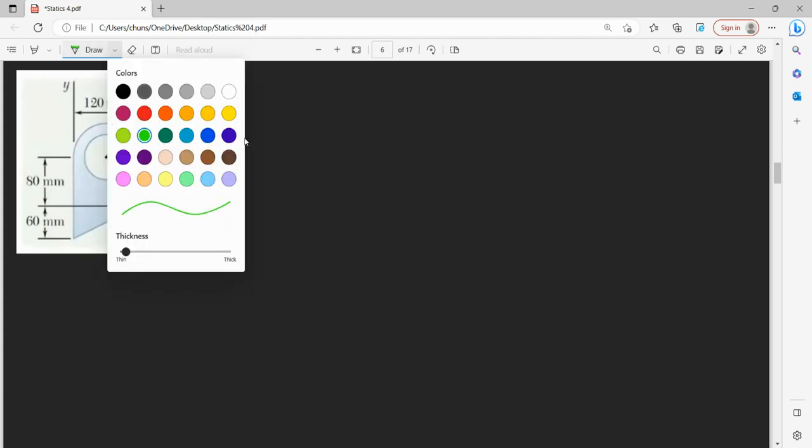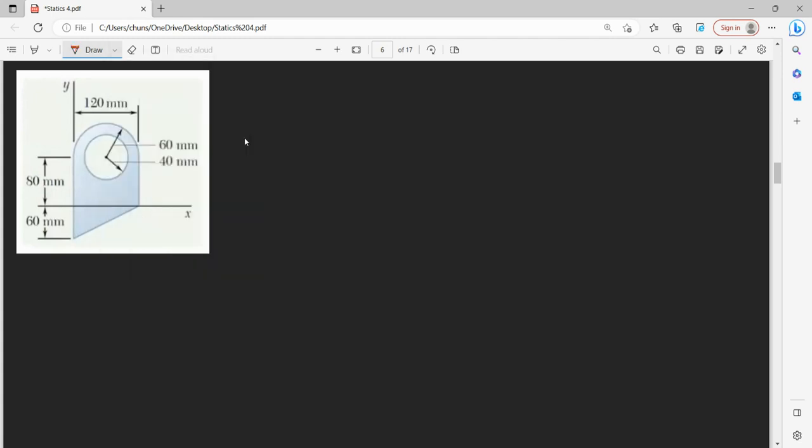So taking a look at this shape right here, let's break it out into different sections. So what I would do, I would start with a rectangle here.